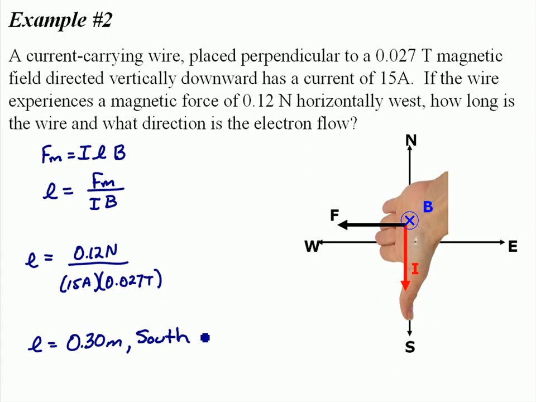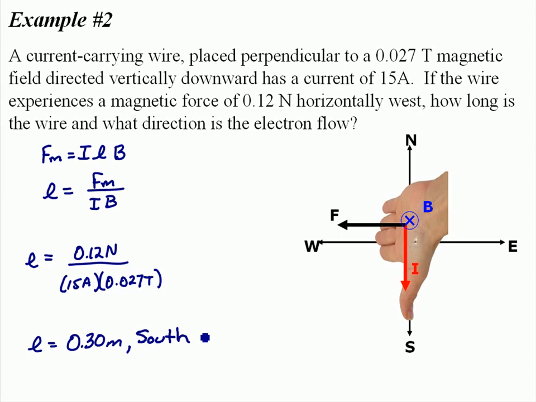But the paper is the plane that you're working on, and then you're going upward or downward from that. That's why we tend to use into and out of the page quite frequently, but don't be surprised to see the terms upward and downward. And then the plane of your paper represents north, east, south, and west.